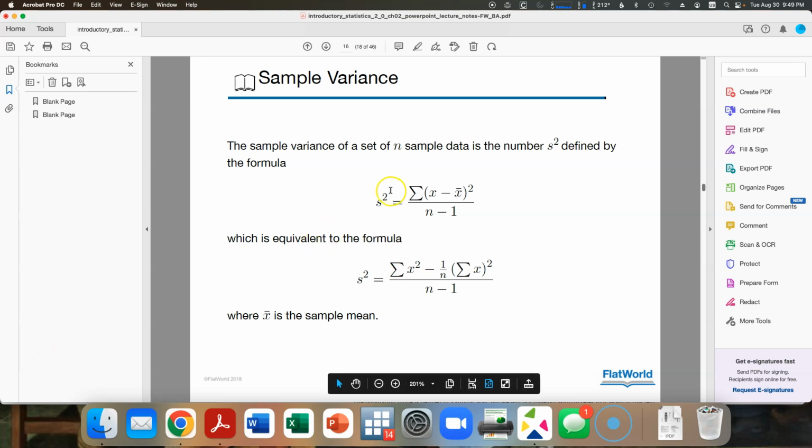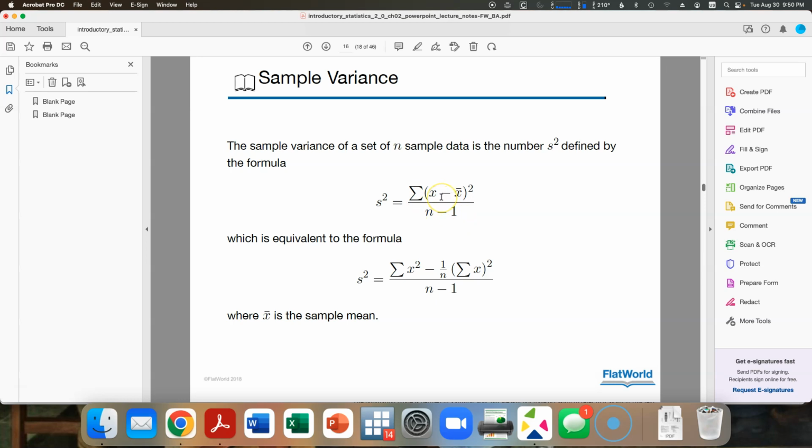And what we do is we find the squared difference between each observation and the mean. Square that difference, summed, and divide it by the number of observations minus 1.